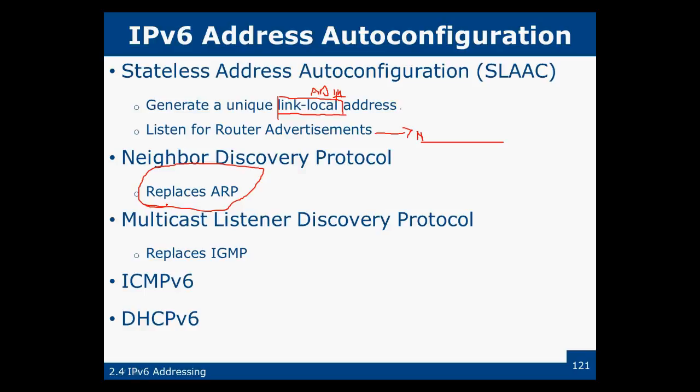ARP is a simple protocol, but it's dangerous because it does allow man-in-the-middle attacks. That can be used on open networks that you go to at the Starbucks or the grocery store or wherever else.